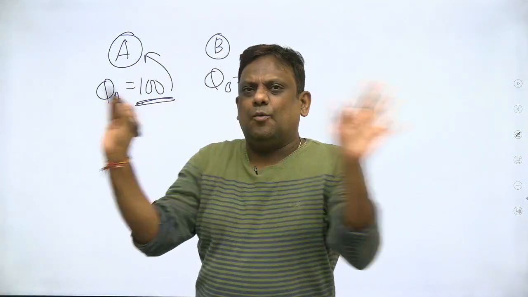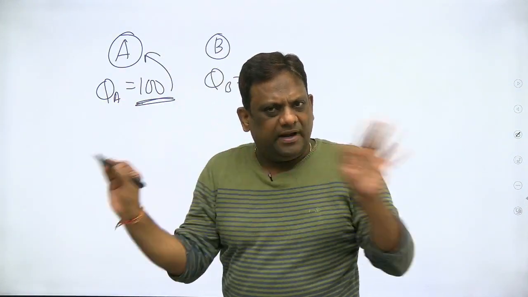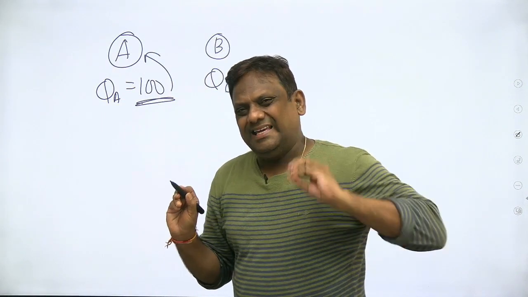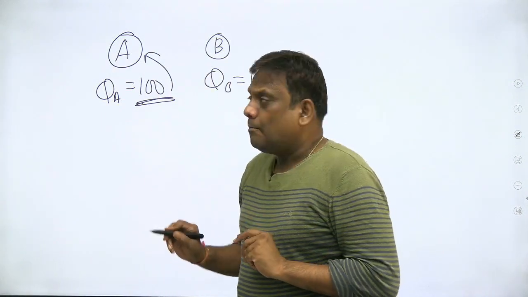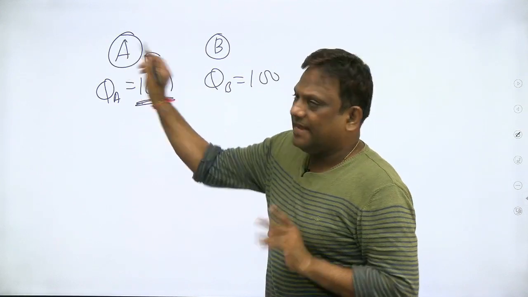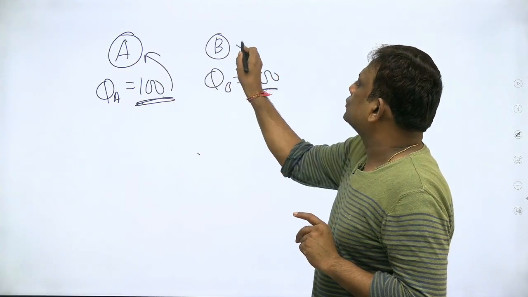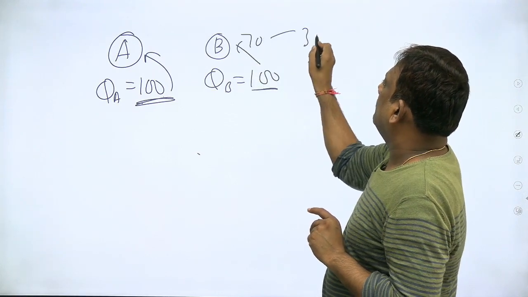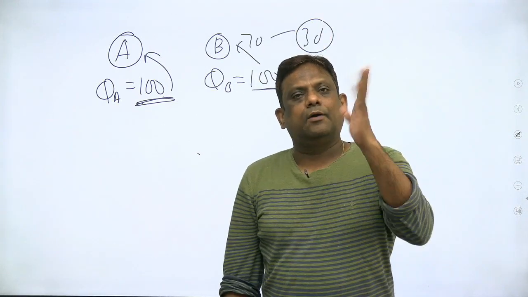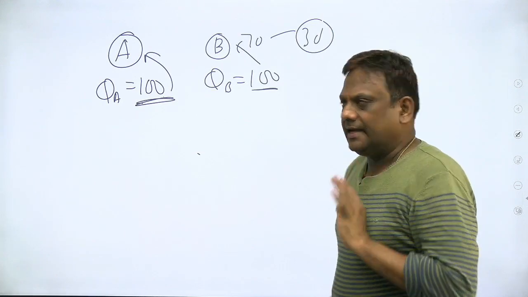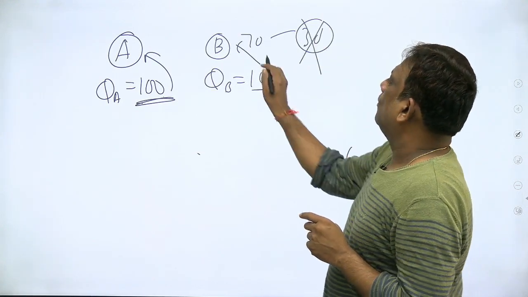Originally, both had 0 money. So it was 0. I gave 100, I gave 100. A has stored the complete 100. And B, out of 100, stored 70 and 30 went for mobile recharge. So only 70 is with him.